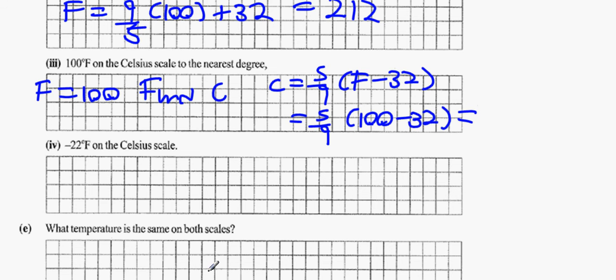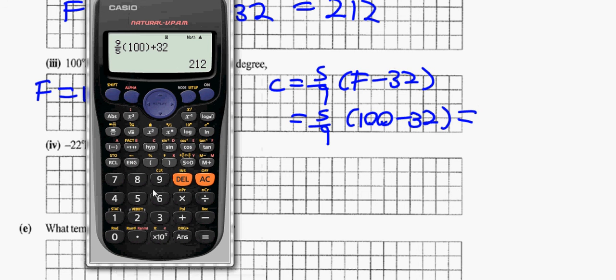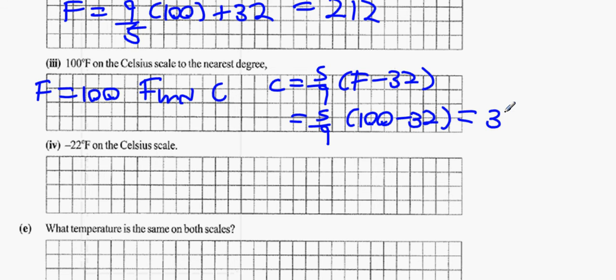So we'll see what it is now. (100 minus 32) and press the change button. 37.78 degrees. Okay, so 37.78 degrees Celsius.